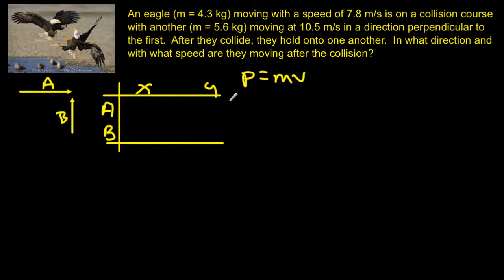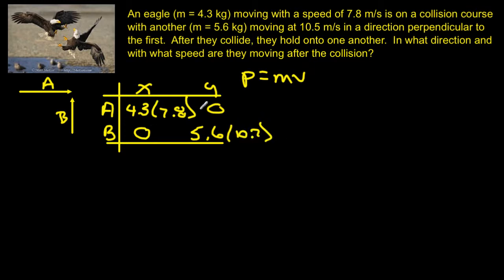So in the case of eagle A, we have a mass of 4.3 traveling at a speed of 7.8, and its y component will be 0. Eagle B's x component will be 0 since it's going upwards in our diagram, and it will be 5.6 times 10.2.